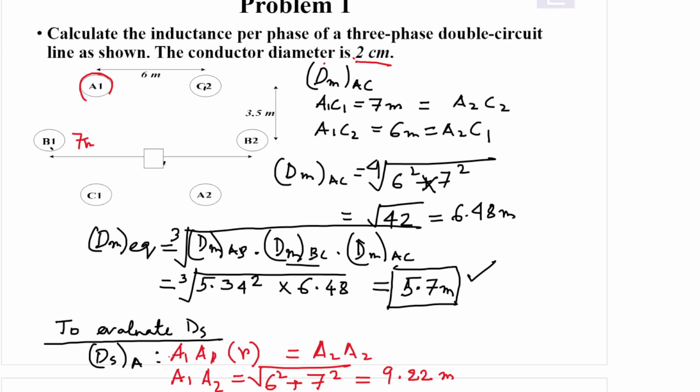Let me explore what the possible distances are. First is B1 to B1, which is equal to R. And second one is B1 to B2, which is equal to 8.